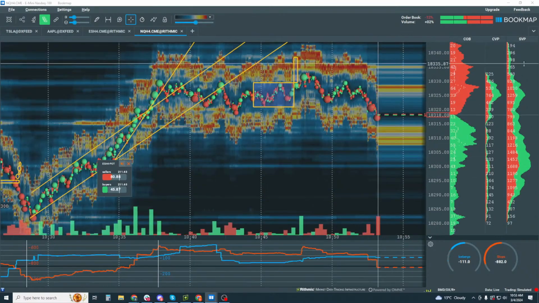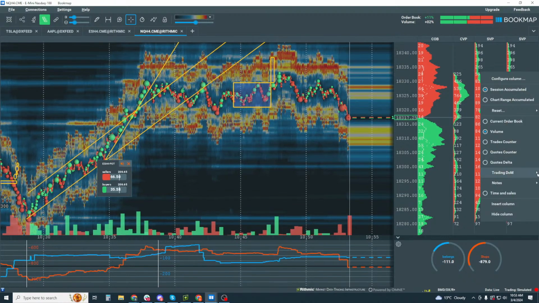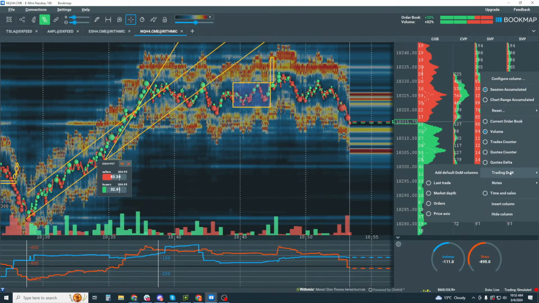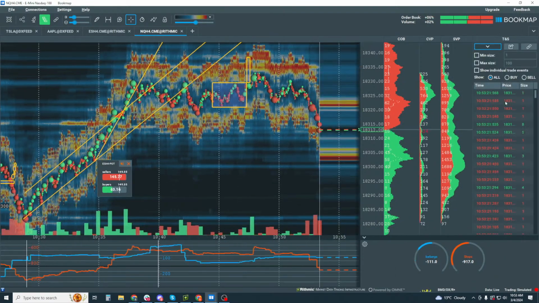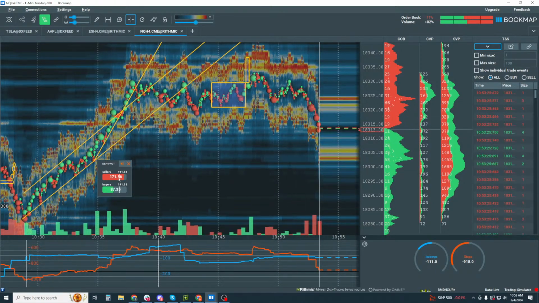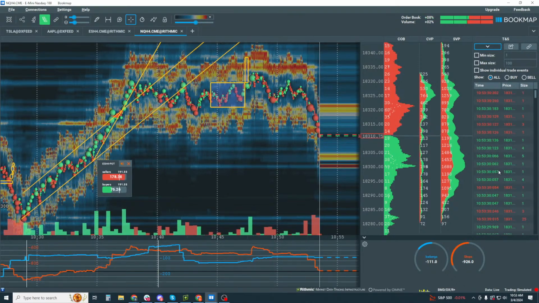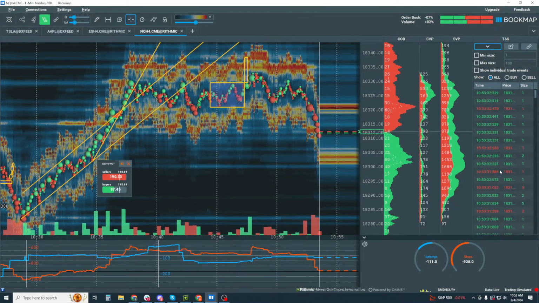It would be similar if we took a look at our time and sales in here. We're looking at the pace that this is going through. Like right now, look at this. You're seeing it just flow through here really quickly in your time and sales.